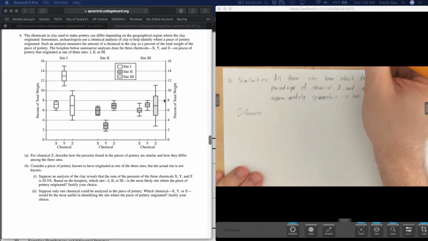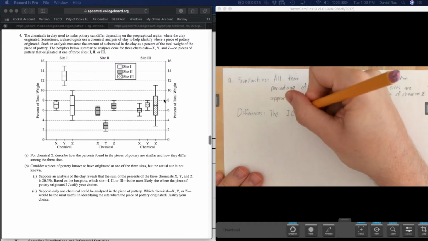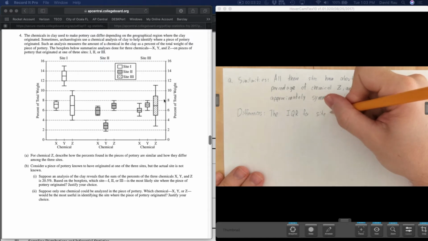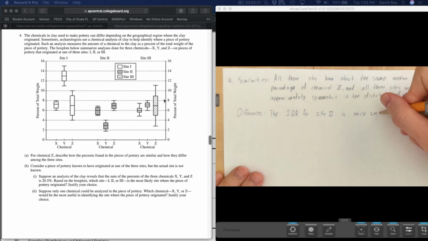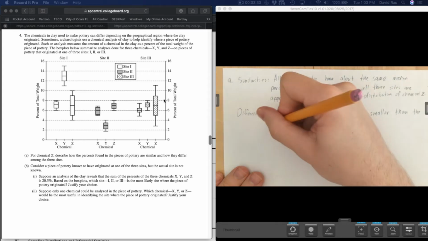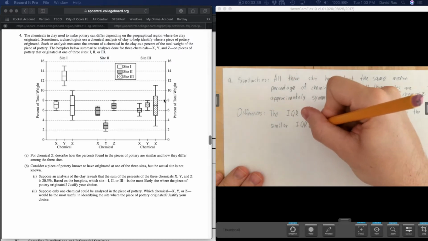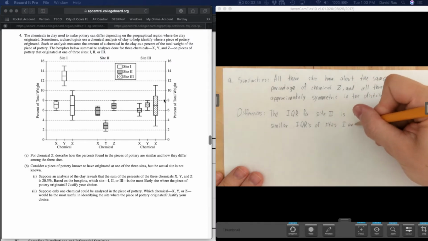The main 2 things we can say about the differences are the IQR for site 2 is much smaller than the similar IQRs of sites 1 and 3.